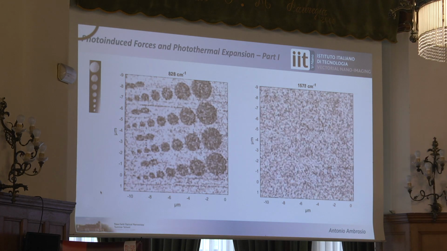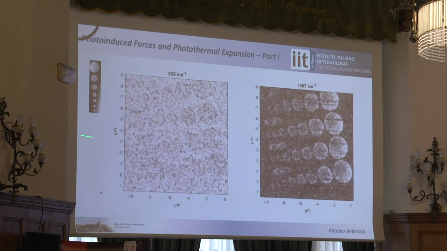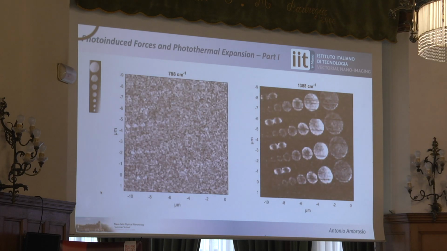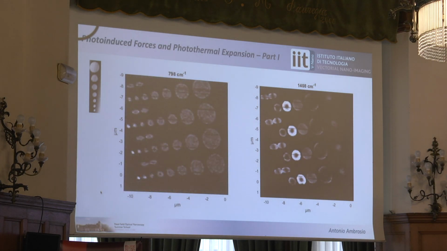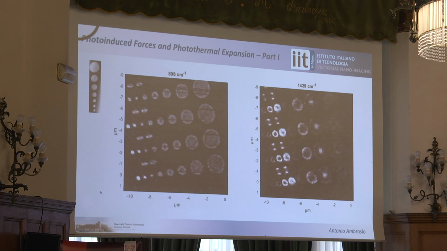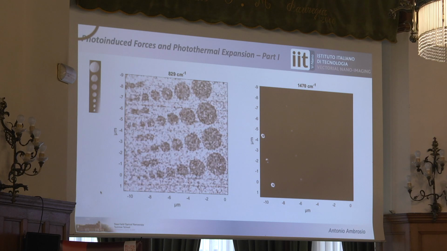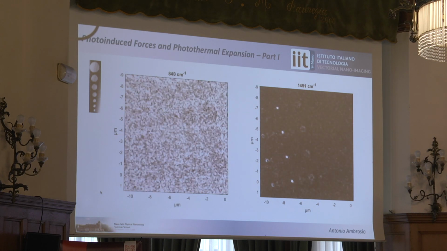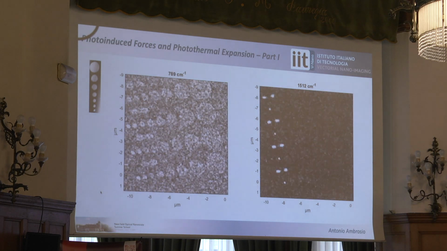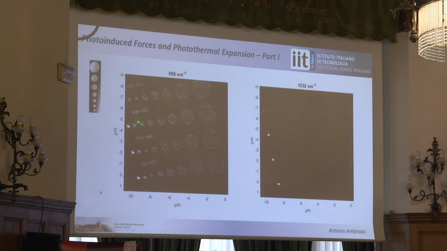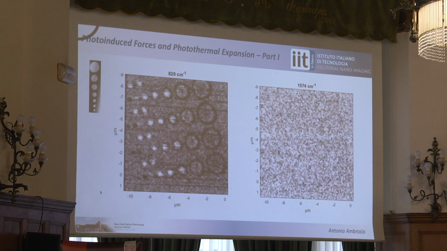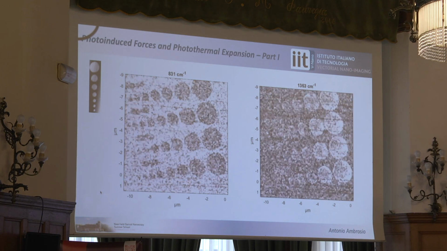With this technique, at each point, if you have a QCL where you can change the repetition rate and the wavelength, you sweep the wavelength and at each point you get a spectrum. It's quite stable, it works. These are a bunch of resonators in the first and second Reststrahlen band of hBN.